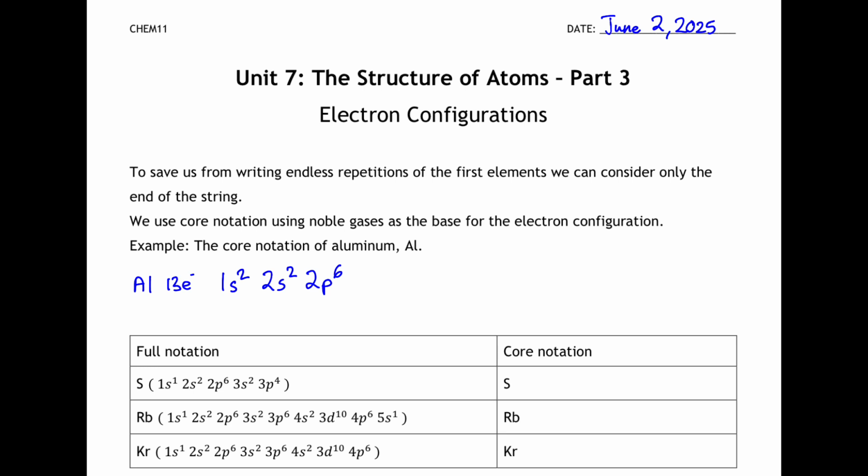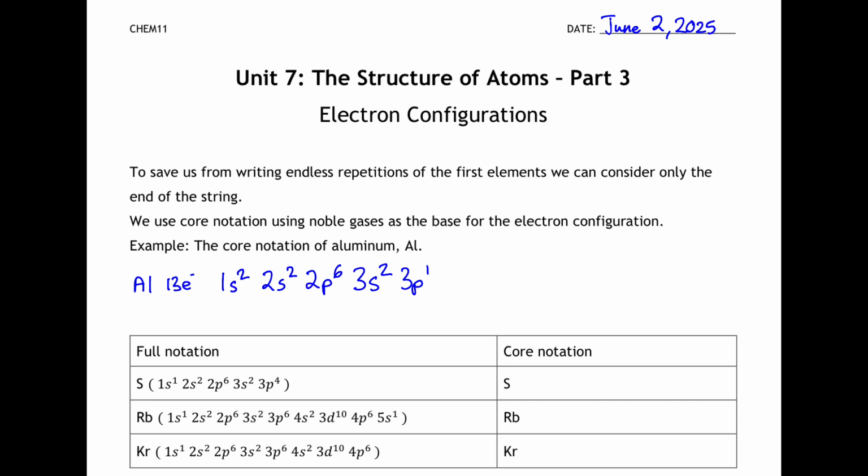Then we can go to the next row. We have the third row down, that's 3s, and there's 2 of those, 3s2. Now we've gotten to the magnesium chunk, and aluminum's one more. Since aluminum's right below that boron, carbon, nitrogen chunk, this is also the p-style chunk, so there's going to be 3p1 electrons.